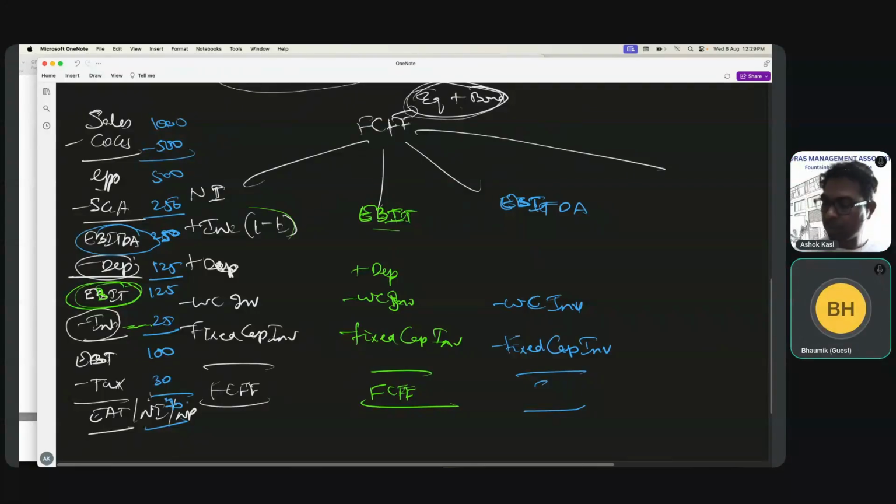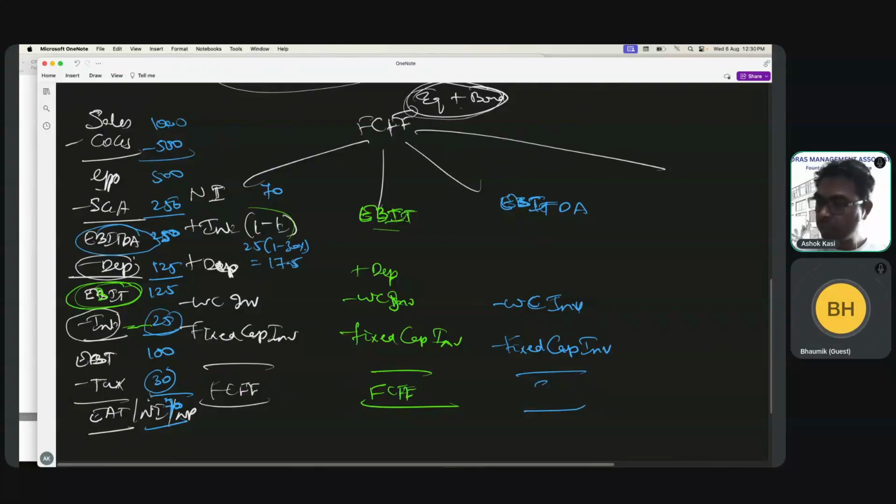Net income is 70. Interest is 25, so 25 into 1 minus tax. Tax is 30 percent, so 70 percent into 25 is 17.5.